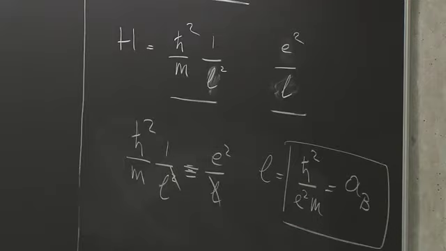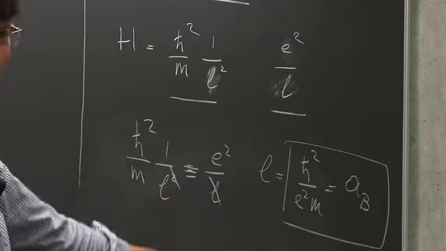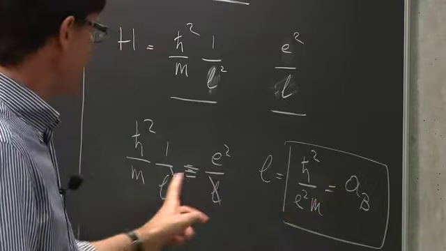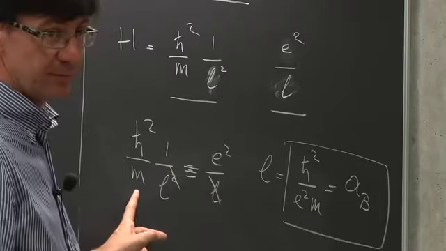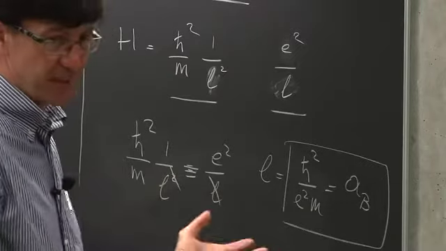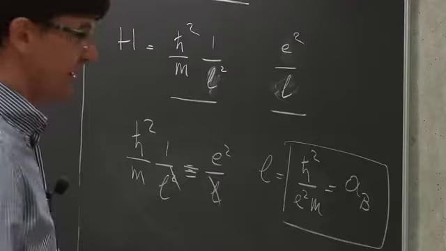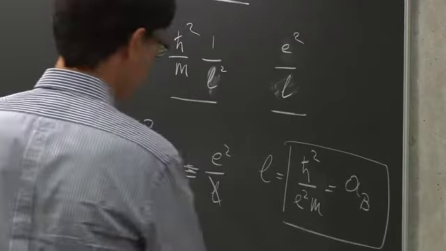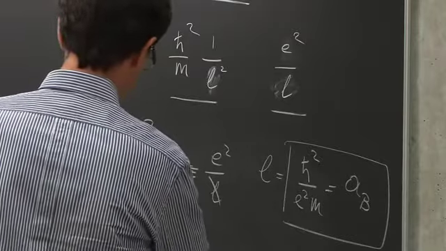Similarly, we can introduce a natural scale of energy. Again, this natural scale of length was such that these two terms were equal, so I can take either this or this, and they must be the same, of course, as the natural scale of energy. Okay, so I can introduce an energy which I call Hartree.